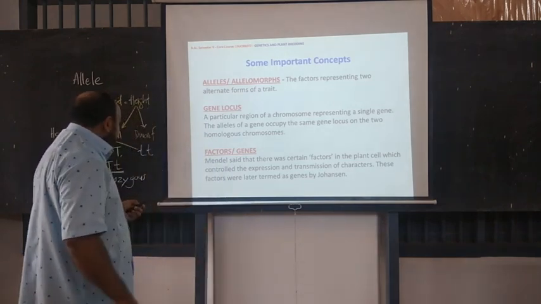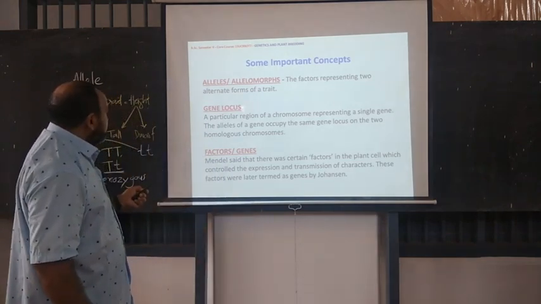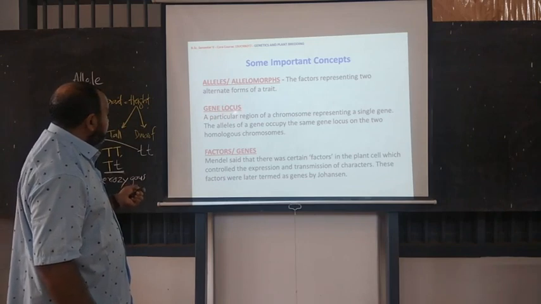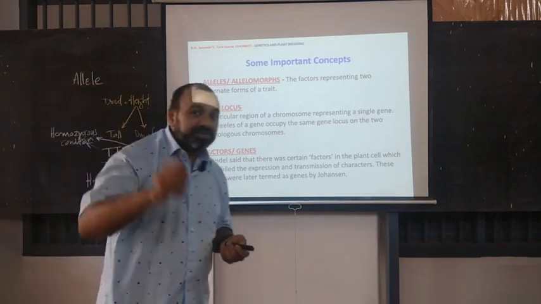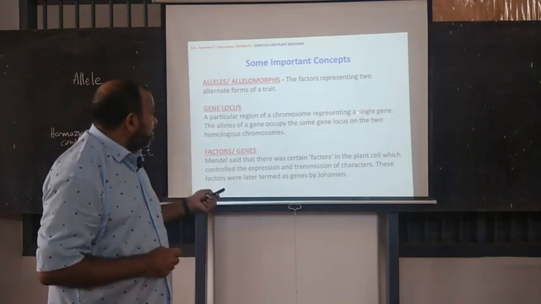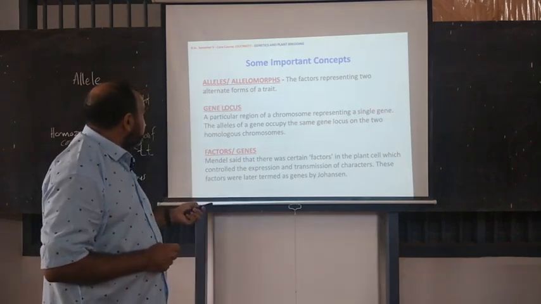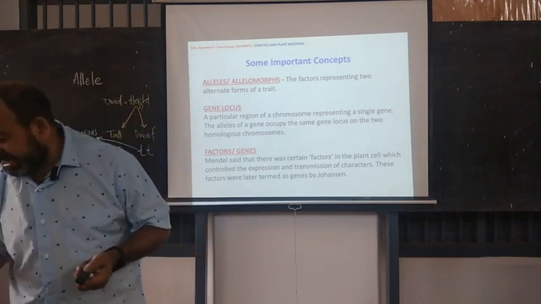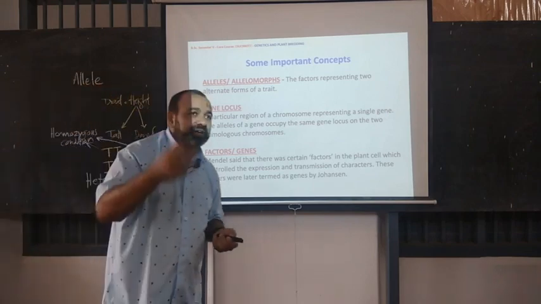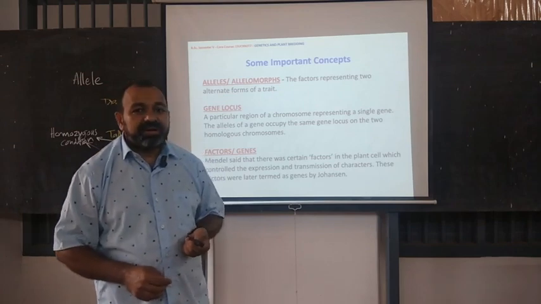Then second concept is gene locus. So it is a particular region of a chromosome representing a single gene. Okay. You know what is a gene? You have studied in your plus 2 level. What is a gene?